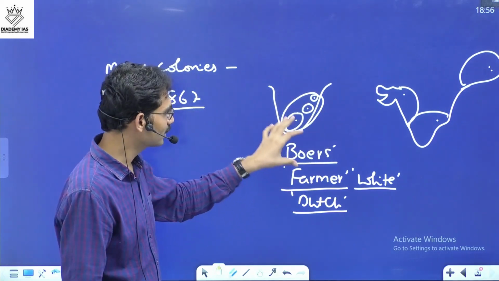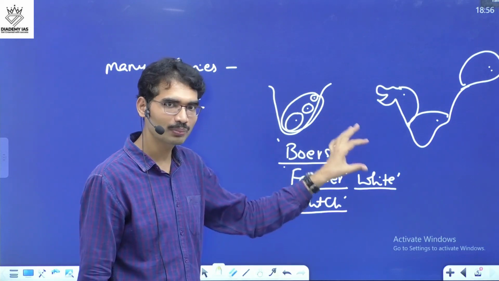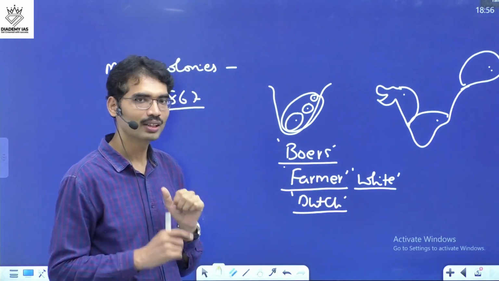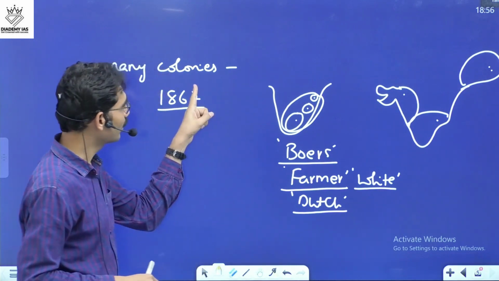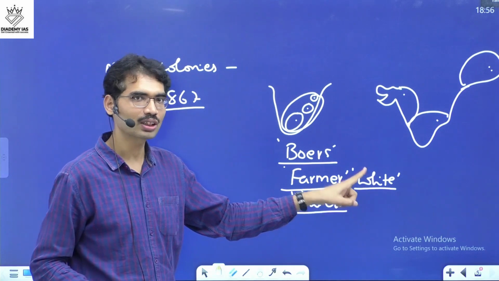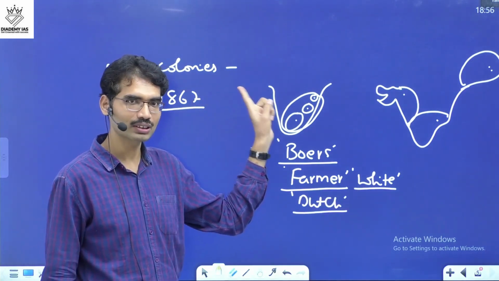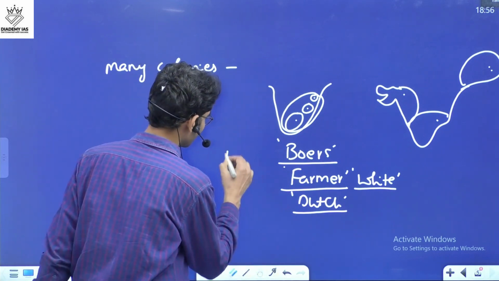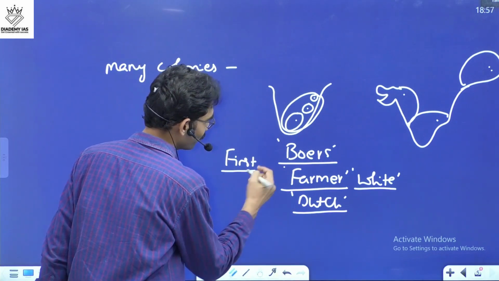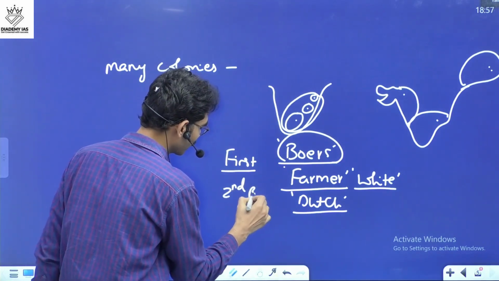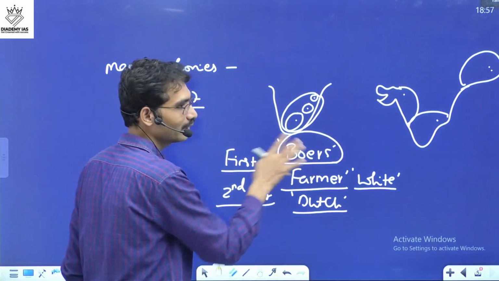As a result, Britishers wanted to impose their policies, but these white farmers wanted to preserve their culture. As a result, this movement created trouble in the exploitation of the diamonds and gold, and some Boer wars also took place. In the first Boer war, they will win, and in the second Boer war, they were completely defeated.